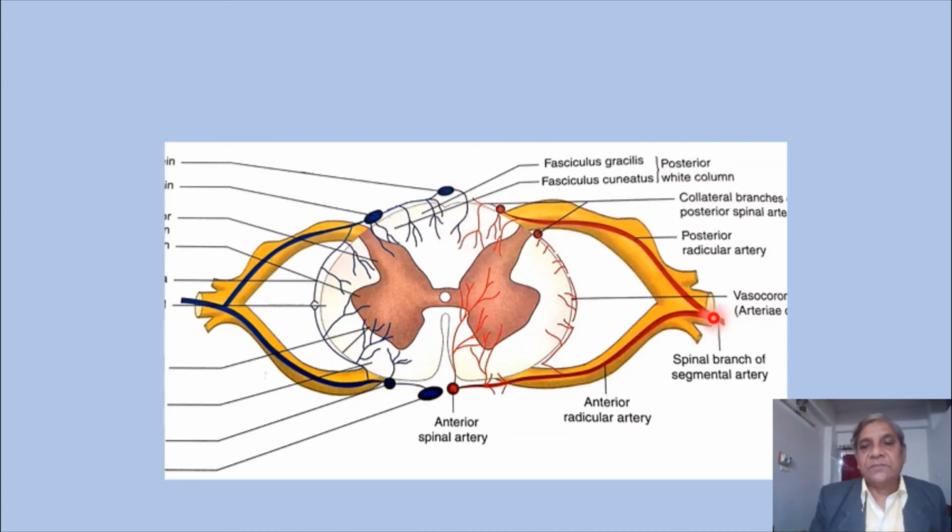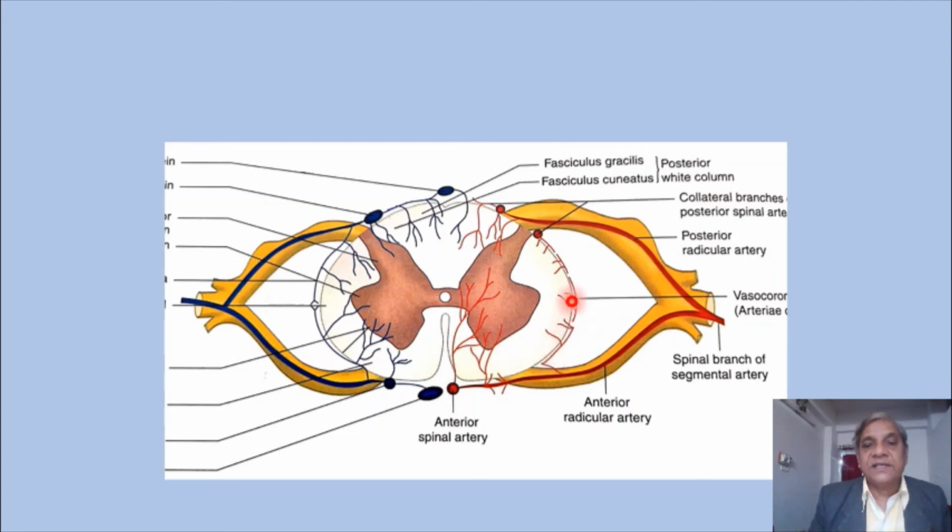At the segmental level, many segmental arteries come; the anterior radicular artery passes along the anterior spinal root, and then it also anastomoses with the anterior spinal artery.